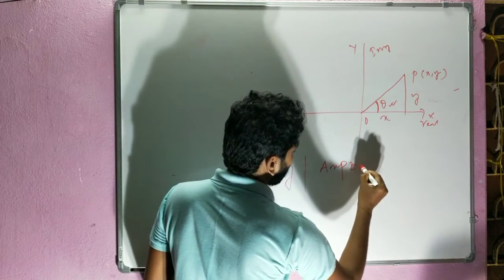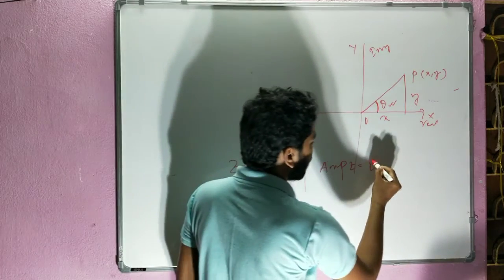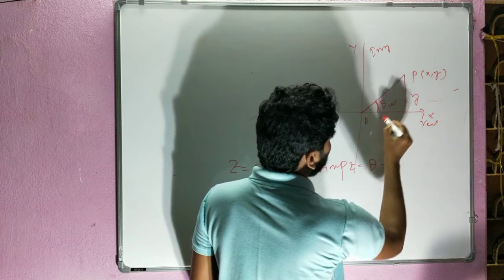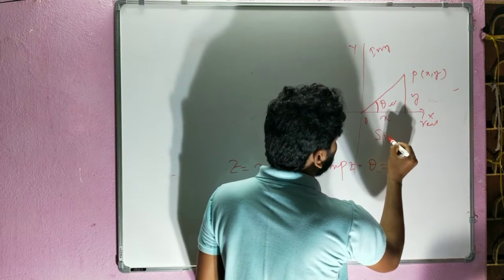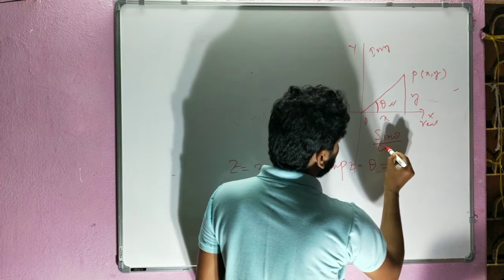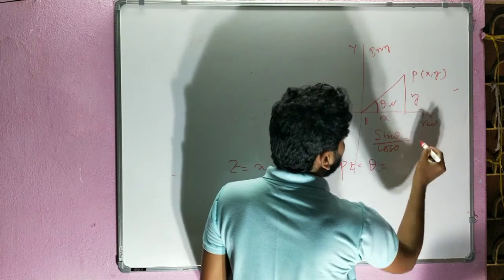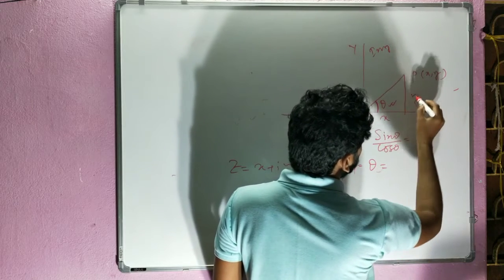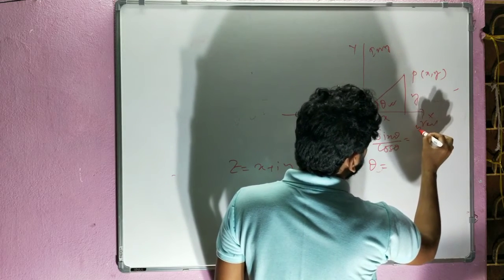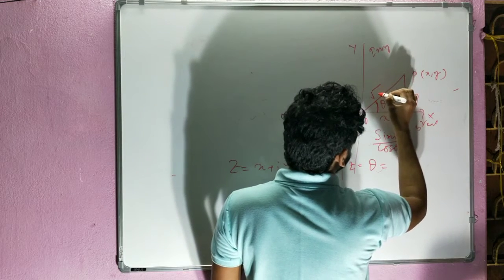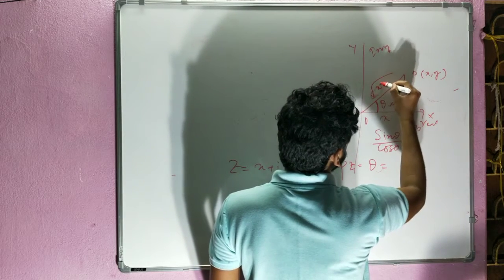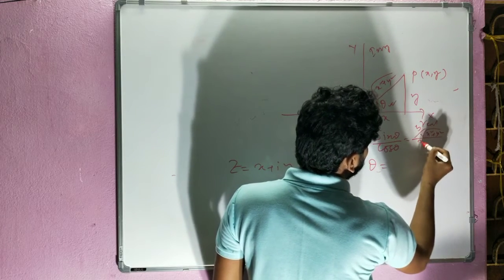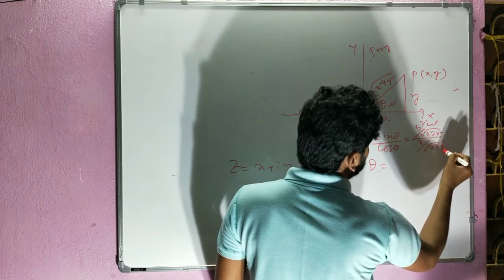Amplitude of z, that means theta, equals tan theta, that is sin theta divided by cos theta. Sin theta is y by r, where r is root over x square plus y square, and cos theta is x by root over x square plus y square.